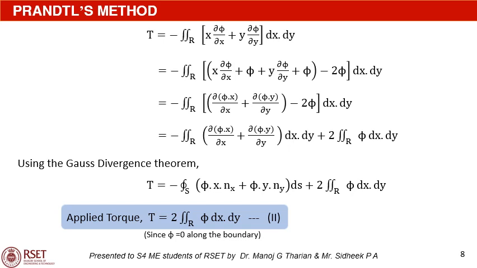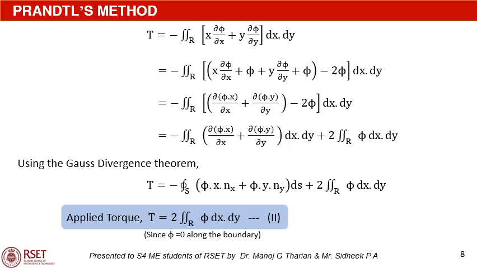That is equal to minus double integral over the region R of [∂/∂x (φx) + ∂/∂y (φy) − 2φ] dx dy. Opening up the square brackets, the above equation becomes T equal to minus double integral over the region R of [∂/∂x (φx) + ∂/∂y (φy)] dx dy plus twice double integral over the region R of φ dx dy.